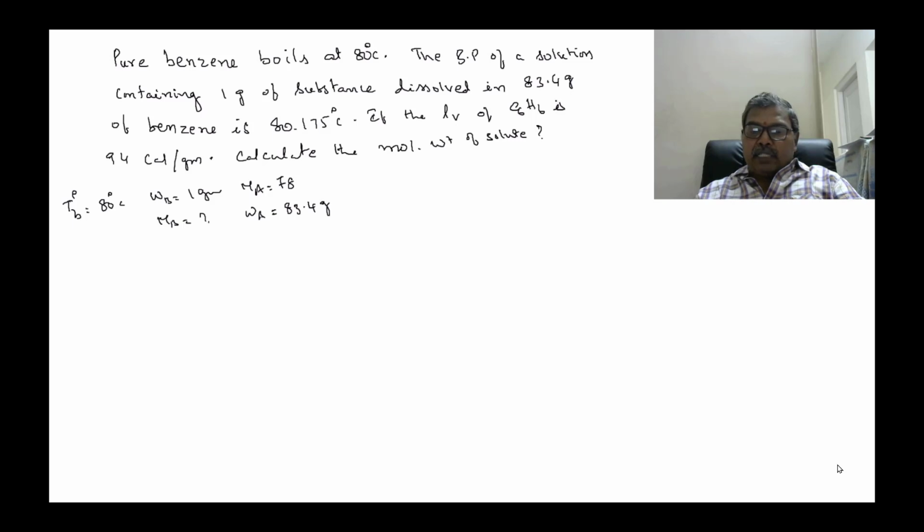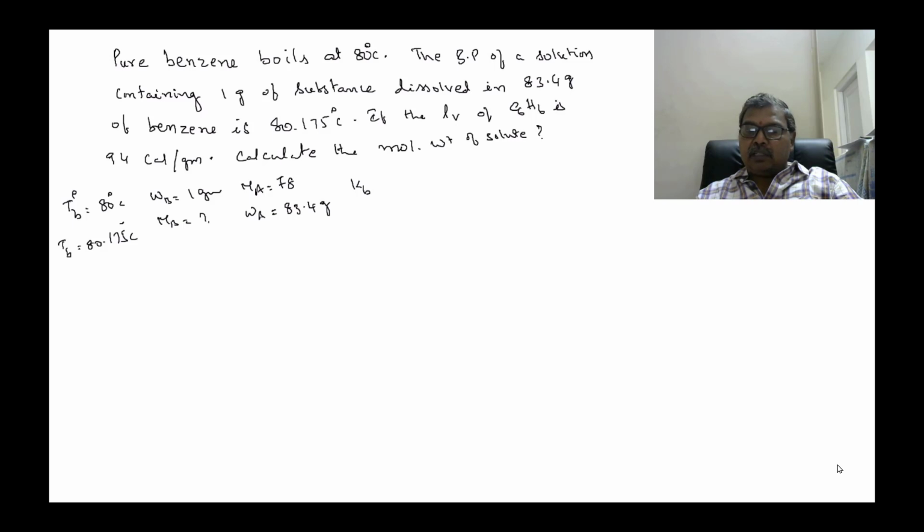Pure benzene boils at 80 degrees Celsius, but when 1 gram of solute is dissolved in it, the boiling point of the solution is 80.175 degrees Celsius. To calculate this, we need a Kb value.